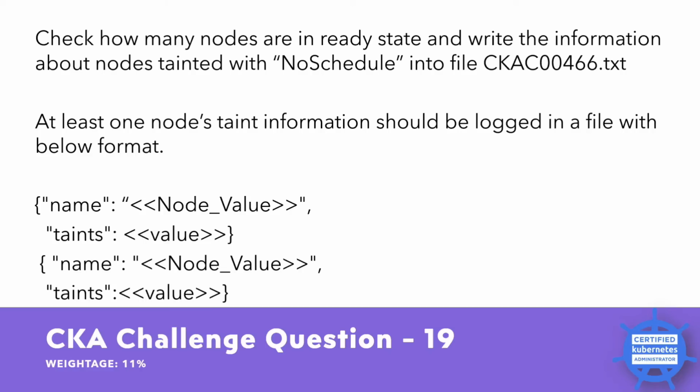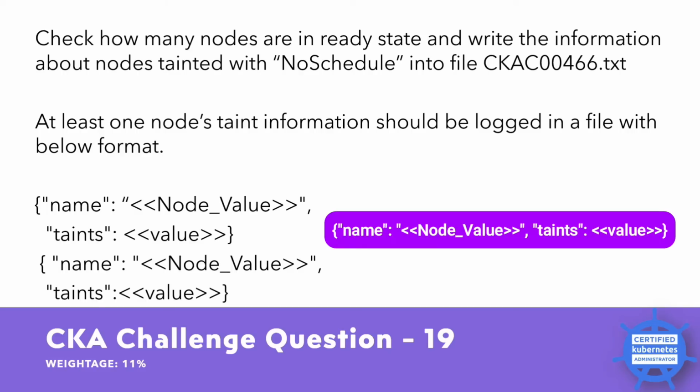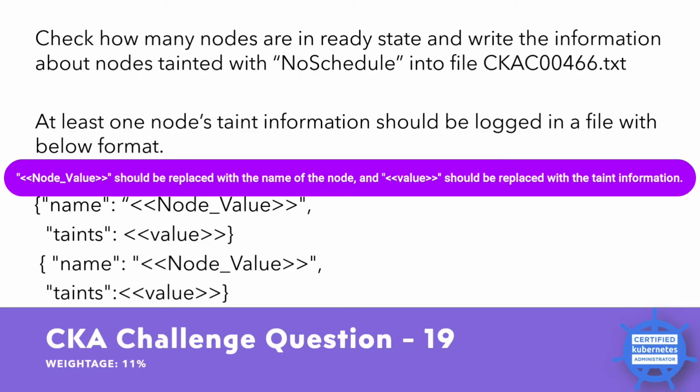C00466.txt. For each node with a no schedule taint, you need to log its name and the taint information in the following format: name, node value, taints, and its value, for whatever the number of nodes present in your Kubernetes cluster. Here, node value should be replaced with the name of the node and the value should be replaced with the taint information.